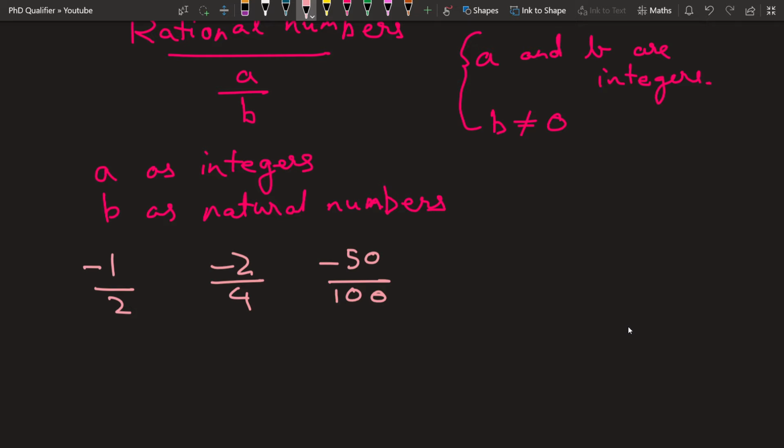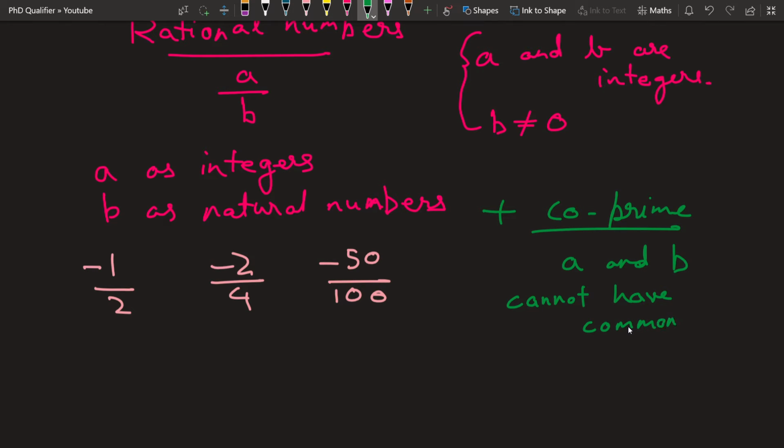So if you want a definition of a set which includes these numbers only once, without repeating them, then you also have to include a definition of coprime. What is coprime? Coprime means that a and b cannot have common factors.